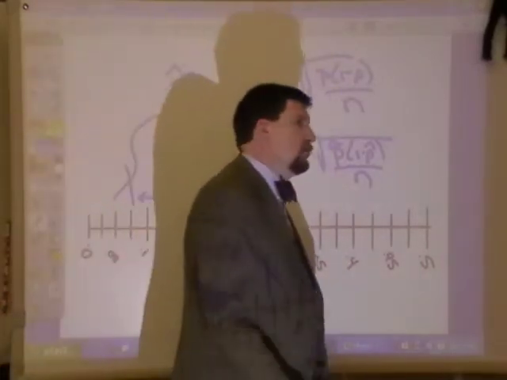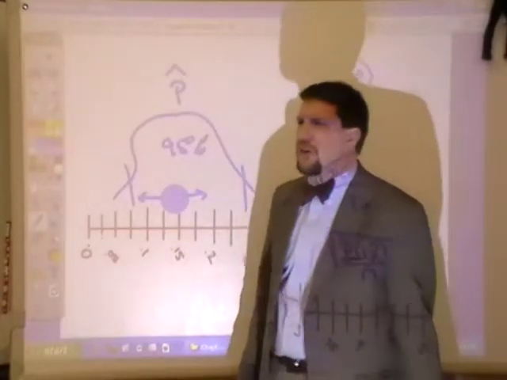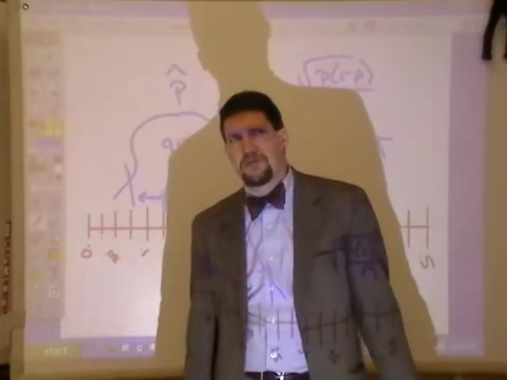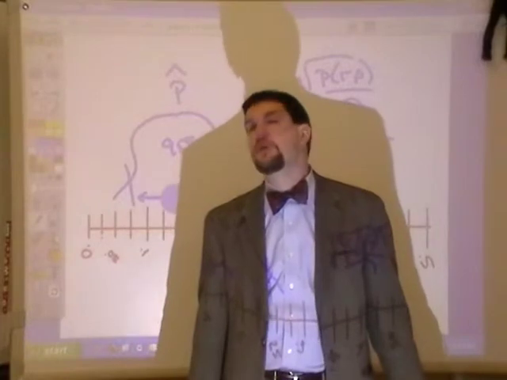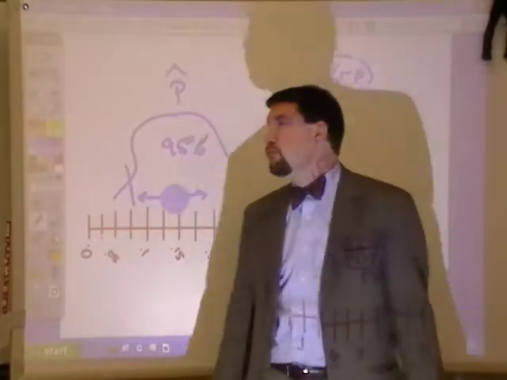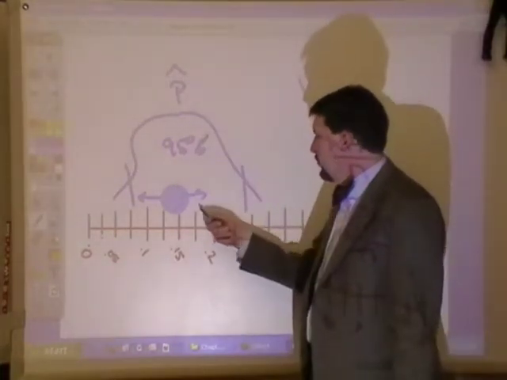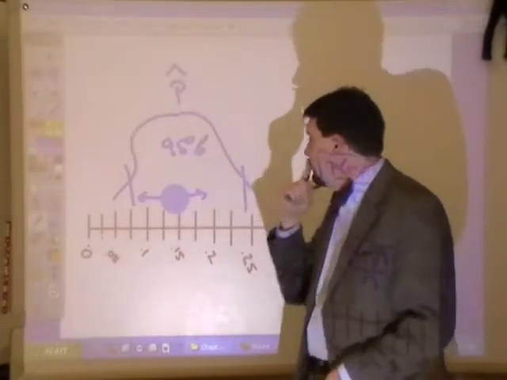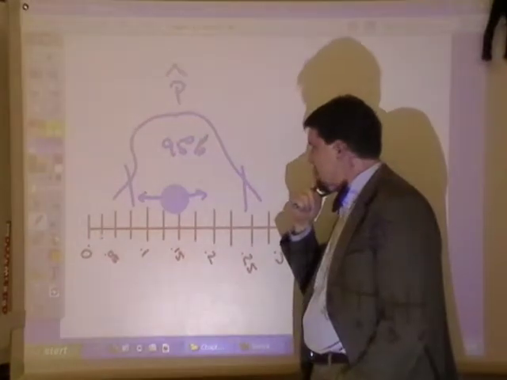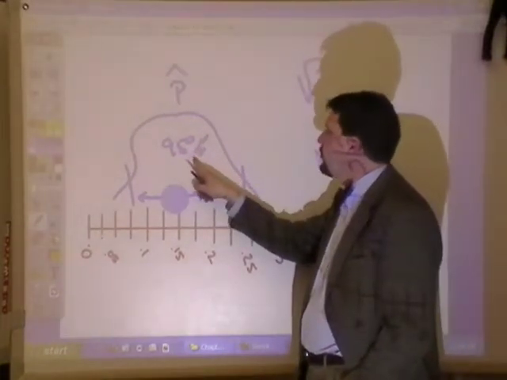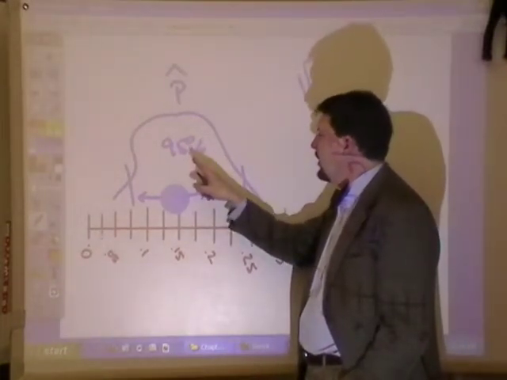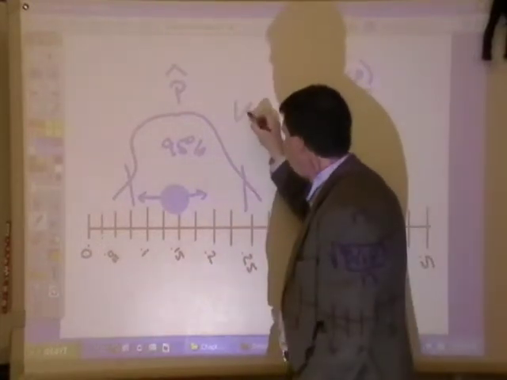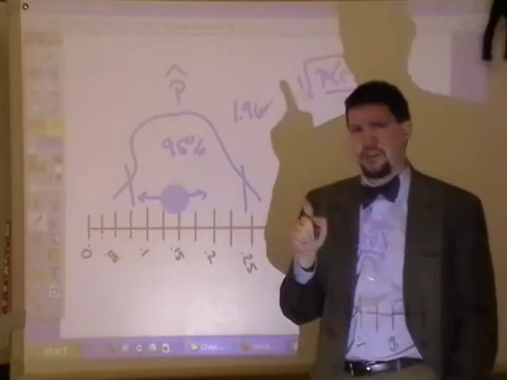But here's the problem. Remember a long time ago we said that the 68, 95, 99.7 rule is really close, but it's kind of like a lie, because it's really not 68%, and it's really not 95%, and 99.7, we said, is kind of like a rounded value. And it turns out that this 95% is not actually two standard deviations, but it's 1.96 standard deviations.